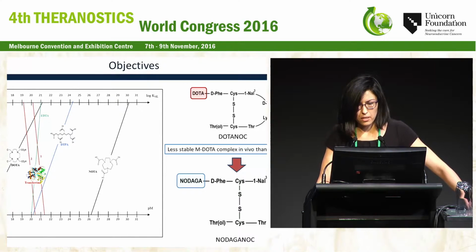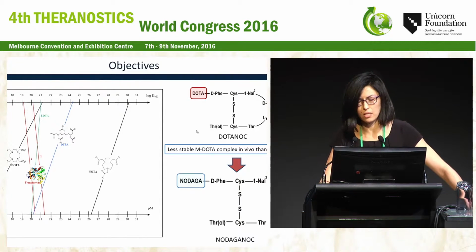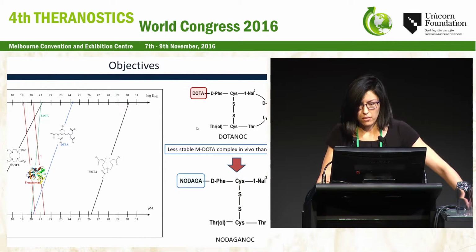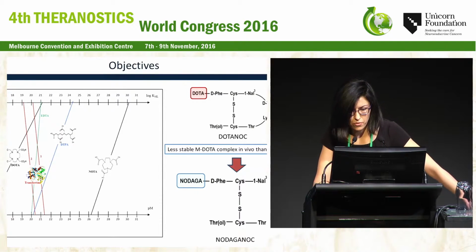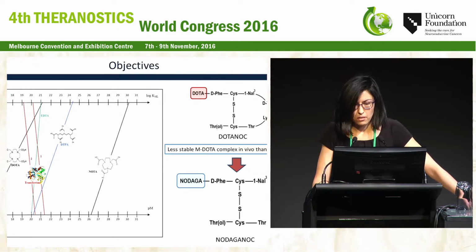But why NODAGA? Look at two parameters used to evaluate the stability of the complex of metal with chelator. The stability constant, the logarithm of KML, can be used to evaluate the in vitro stability, but does not predict the in vivo stability.